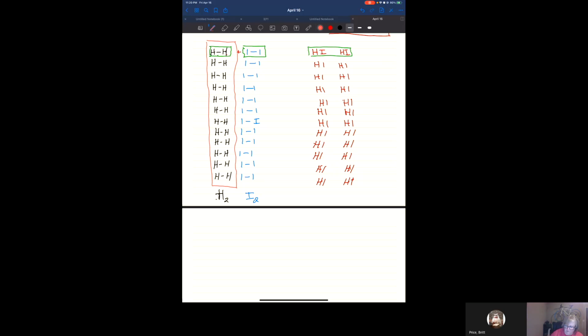That big ugly box. That's 12, right? So I have 12 H2s.